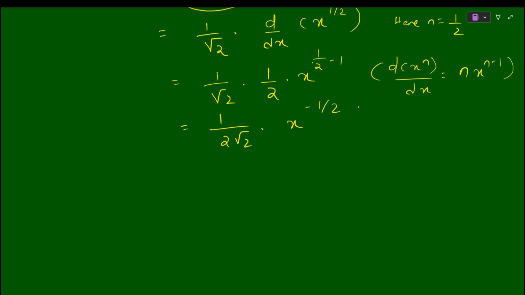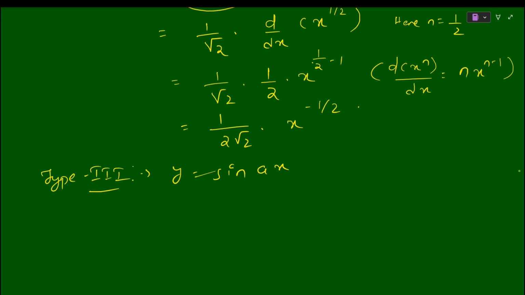Next, let's move on to other derivative formulas, which are quite easy to find. We will see what the other derivatives are. Suppose we take the derivative of sine ax. Then what will be the derivative?